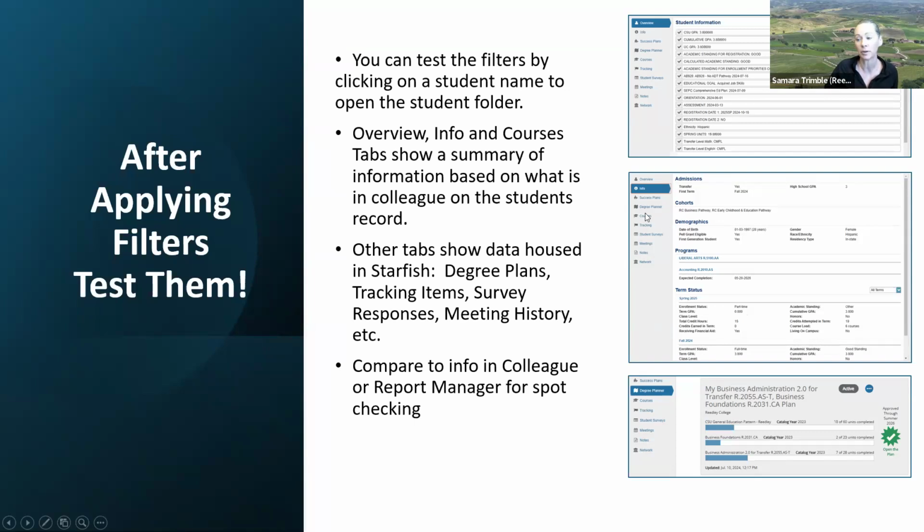You can also flip through from the student folder and look at degree plans if you've applied those filters. You can look for specific tracking items. You could even look for meeting history, so whether or not a student has met with a pathway counselor, and you can look for a specific time frame, whether they've had an appointment with a pathway counselor. That's all by appointment type.